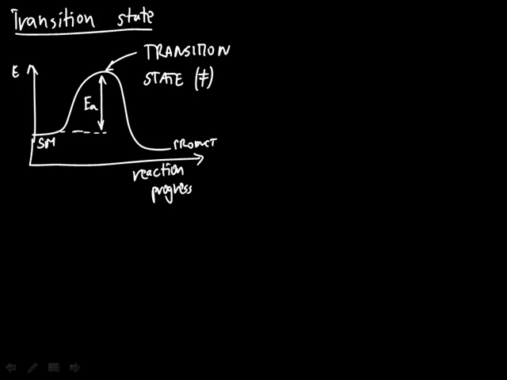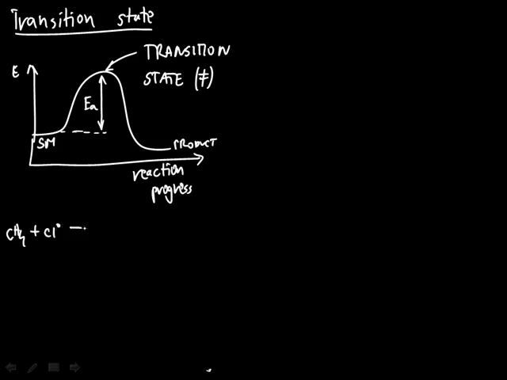Now the structure of the transition state is unique because it's the most unstable structure. It cannot be isolated and in many cases it cannot be experimentally observed either. It is basically something very different from an intermediate, which is an unstable yet isolable in principle product.